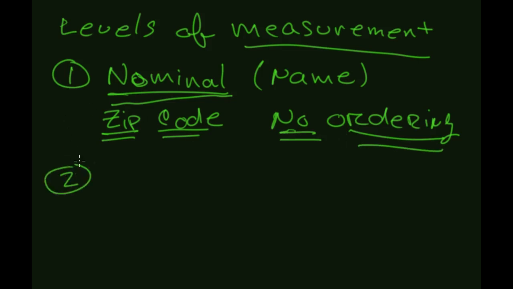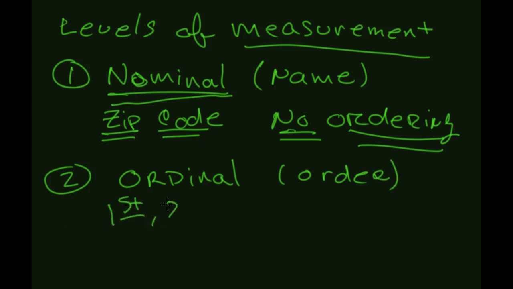The second level is what we call the ordinal. And this is what order did things occur in. So like saying I came in first, second, third, so forth and so on, last.